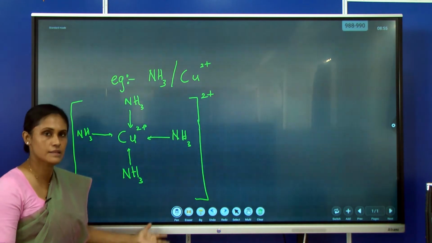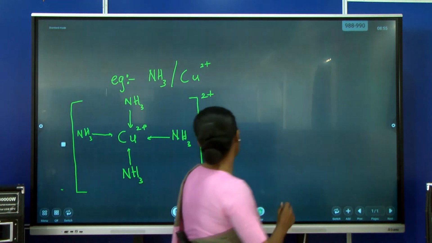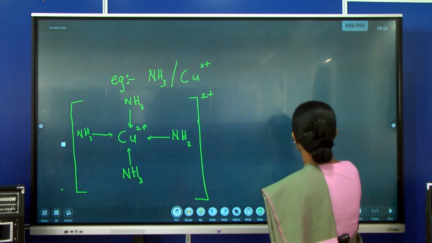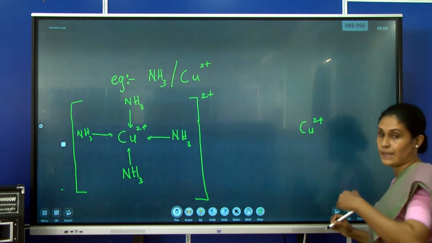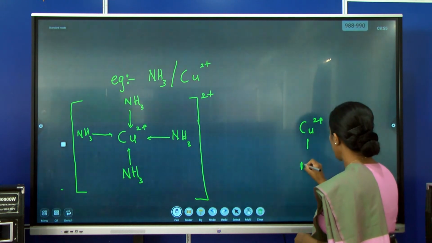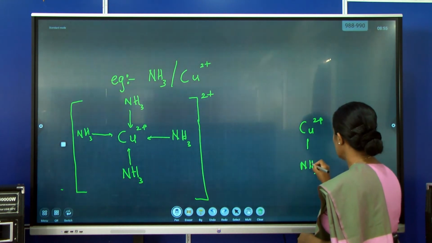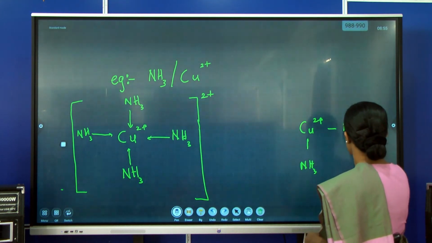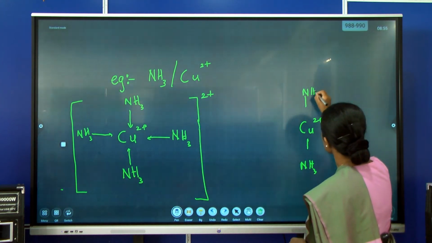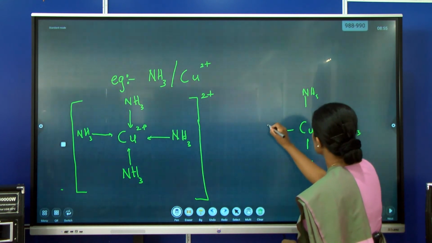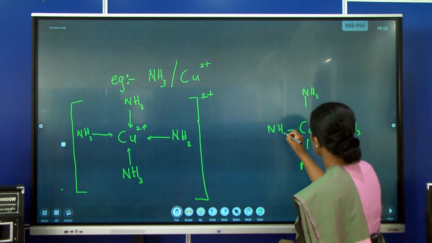If you don't like this diagram, you can choose this one. You have the Cu2 plus ion here in the middle as a central atom, and you have an ammonia molecule here, and on the other side also an ammonia molecule here too. This is also an ammonia molecule.